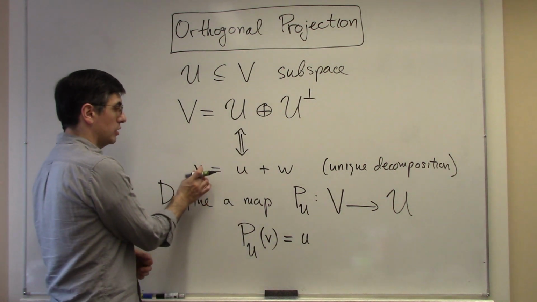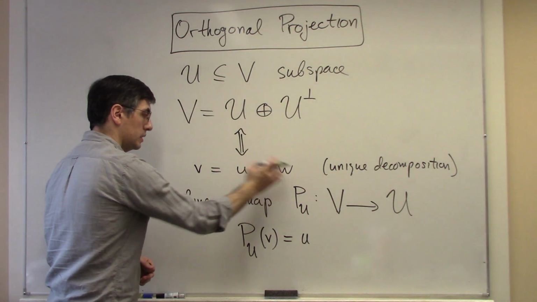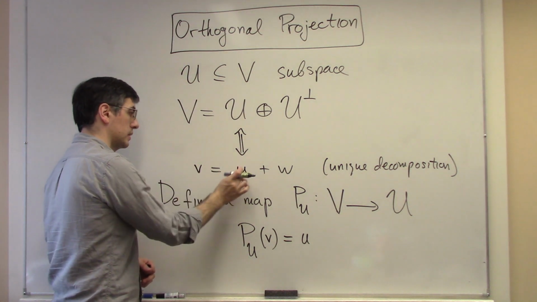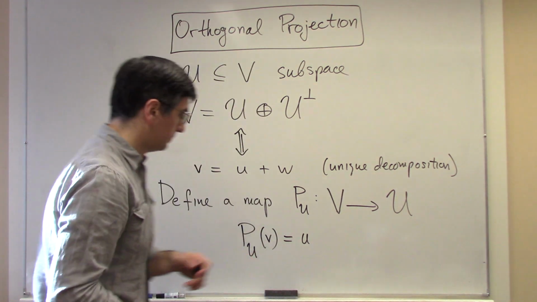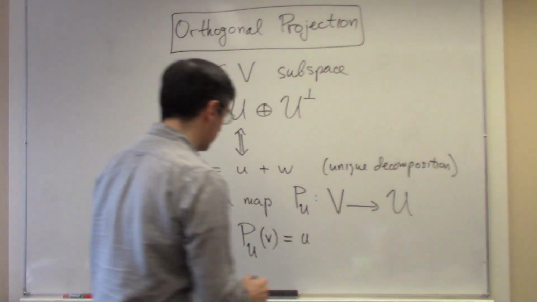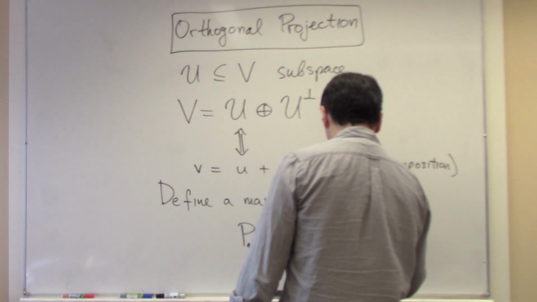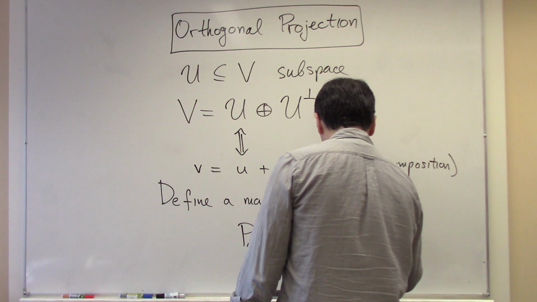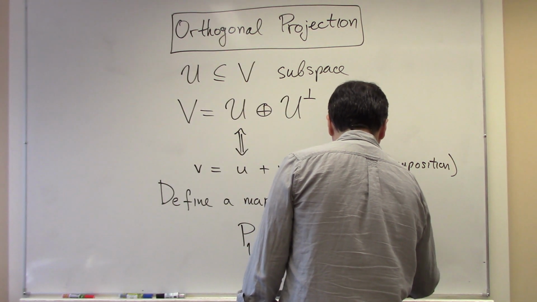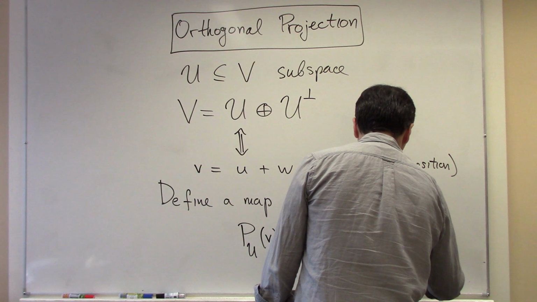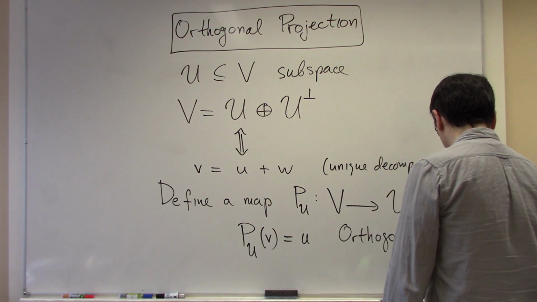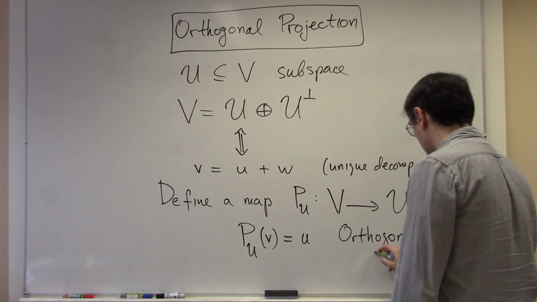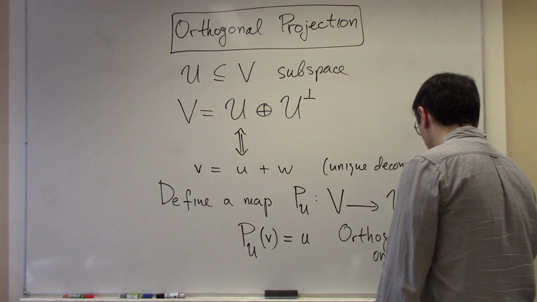So for each vector you decompose it this way, and then you map this vector to this u. And of course it's a map from V to U. Okay, so this is called orthogonal projection onto U.